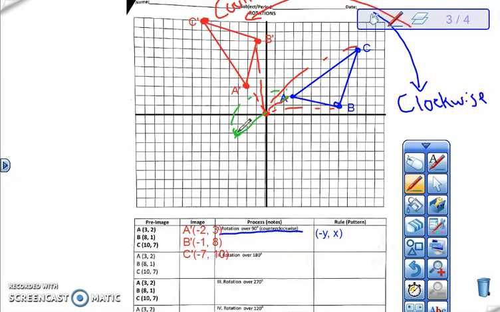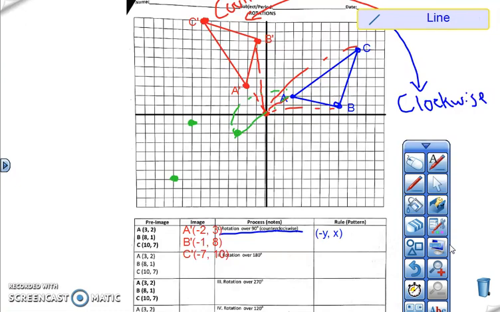So we're going to end up down in the third quadrant, 1, 2, 3, 4, 5, 6, 7, 8 spaces. And then C, same thing. We're going to rotate from this point in the upper right corner down to this point down here. Counting it out, that's 1, 2, 3, 4, 5, 6, 7, 8, 9, 10. So it'll be right here.